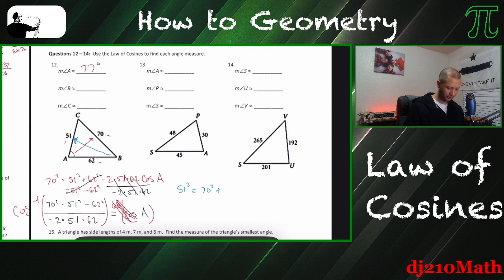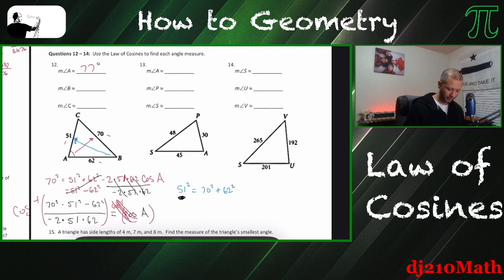Well, since we're using B, it's basically the other side squared. So C is what I'm going to use. The side that is out here is always going to be across from the side that I'm looking for, right?